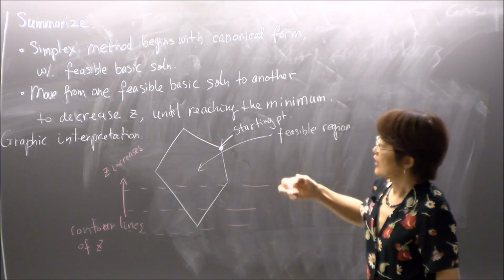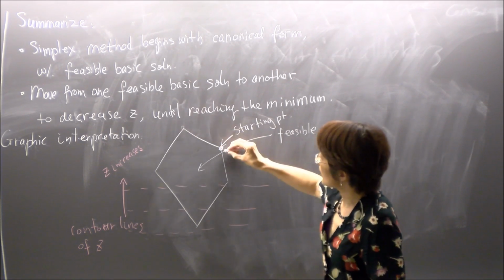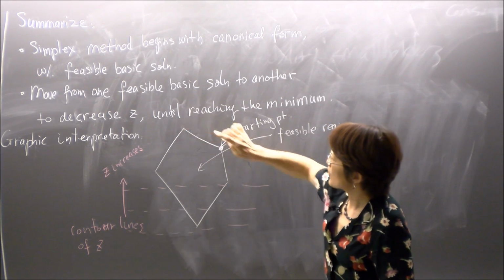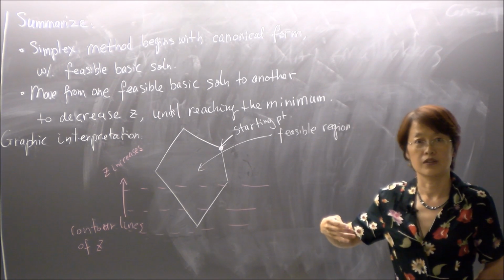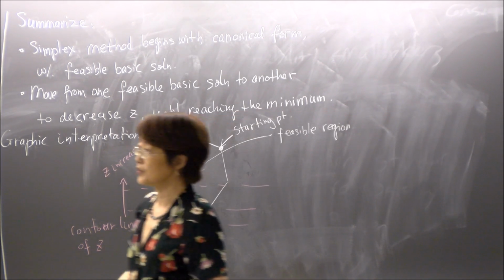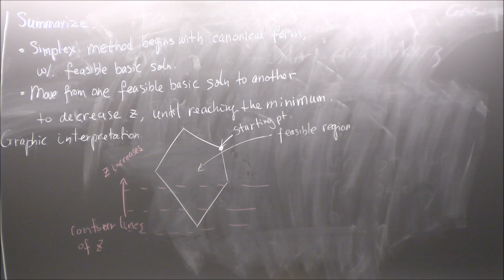And then you check if I move to this one or this one, would there be one of them that will make my z value smaller? So what will tell you? Well, where would that be?